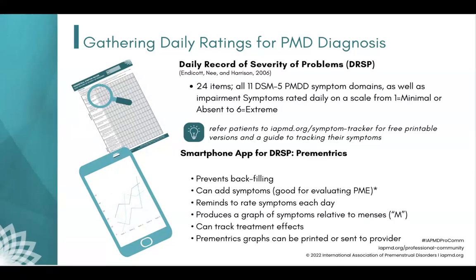It can track treatment effects, right? You can include what medical treatments you're taking at a given time. And your Prementrix graphs can be printed or sent to the provider, and then the provider can go ahead and score and take a look through visual inspection, or something more intensive with scoring using something like the C-PASS, to understand the pattern of symptoms and potentially make a diagnosis.